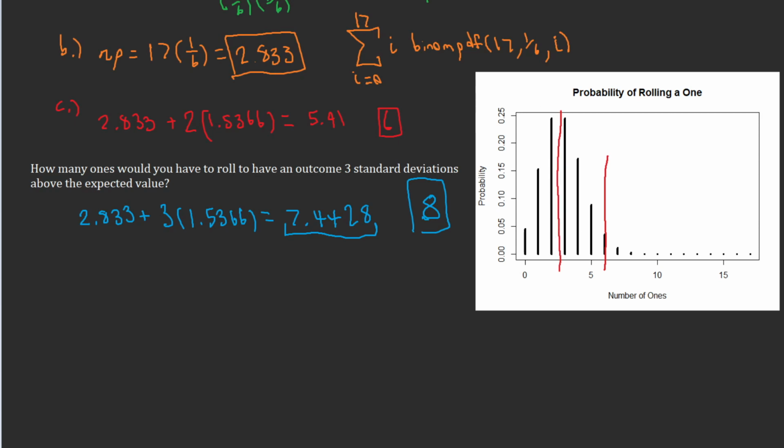That's 2 standard deviations. And then this 3rd standard deviation will take us all the way out to 8. So here's 6, 7, and it looks like 8 right about here. So that's going to be 3 standard deviations above the mean. So anything out here is going to be more than 3 standard deviations above the mean, including this 8 here.